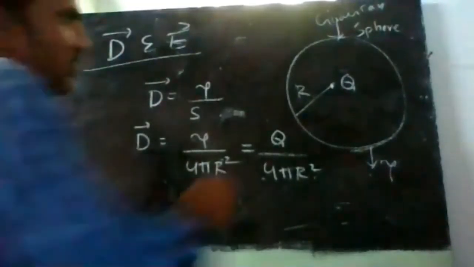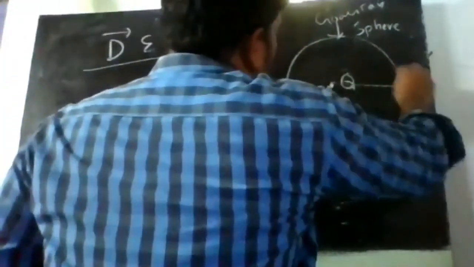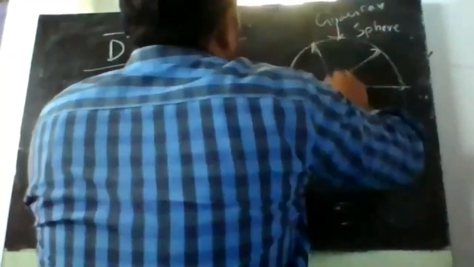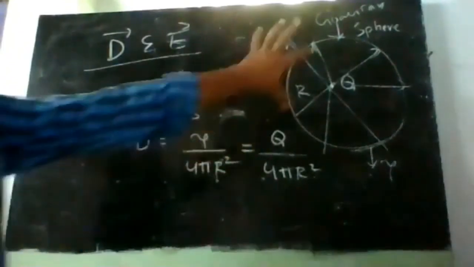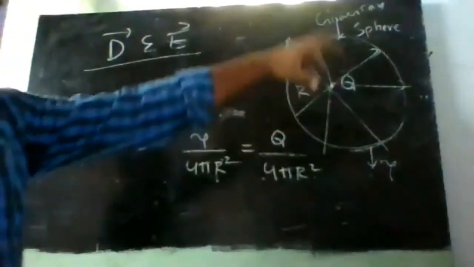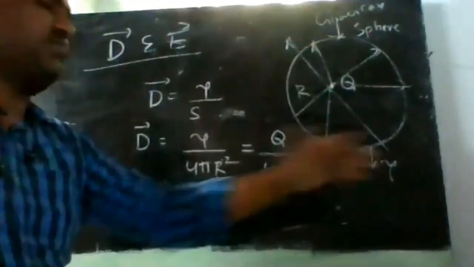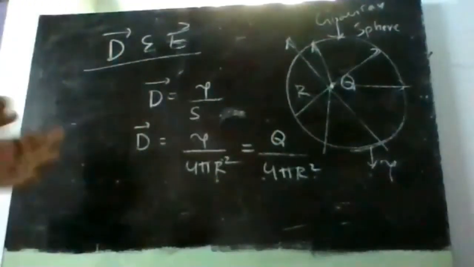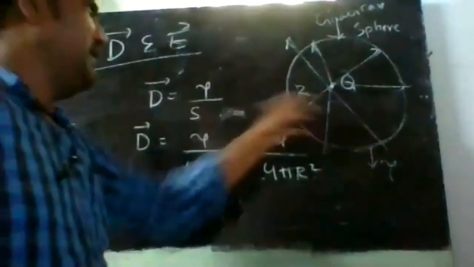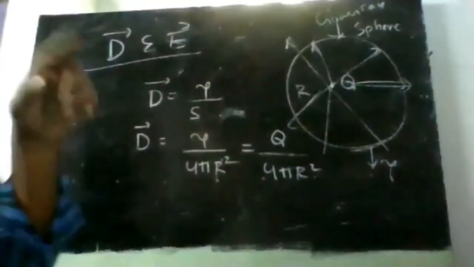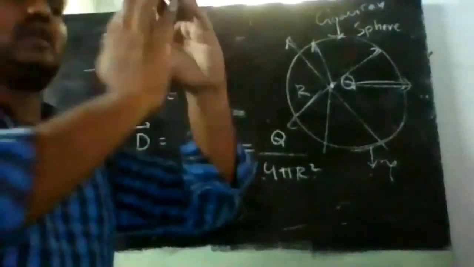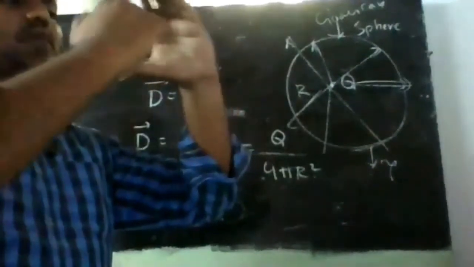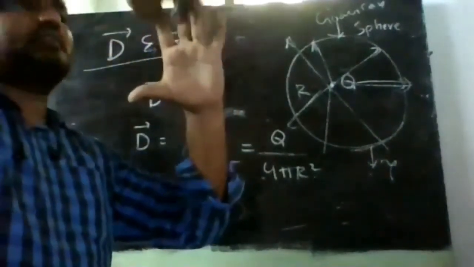Here we may have a doubt: you said that the flux should be calculated in the normal direction. So we are calculating in the normal direction. Psi is the total flux. Since the Gaussian surface is spherical, everything along the r direction is normal.